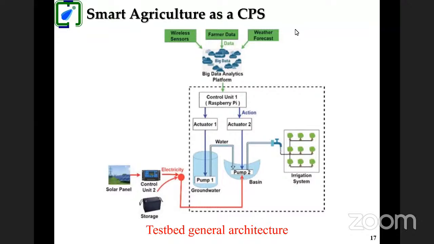So from the temperature and humidity sensor and soil moisture sensor, the signal goes to this Arduino board, which also collects the information about the power supply and tells this system to work. If the power supply is there, it will work. If the power supply is not there, it will not work. So we also need to understand how these controllers will be powered on and off, and how we can make sure that it is always powered on when the system is working.